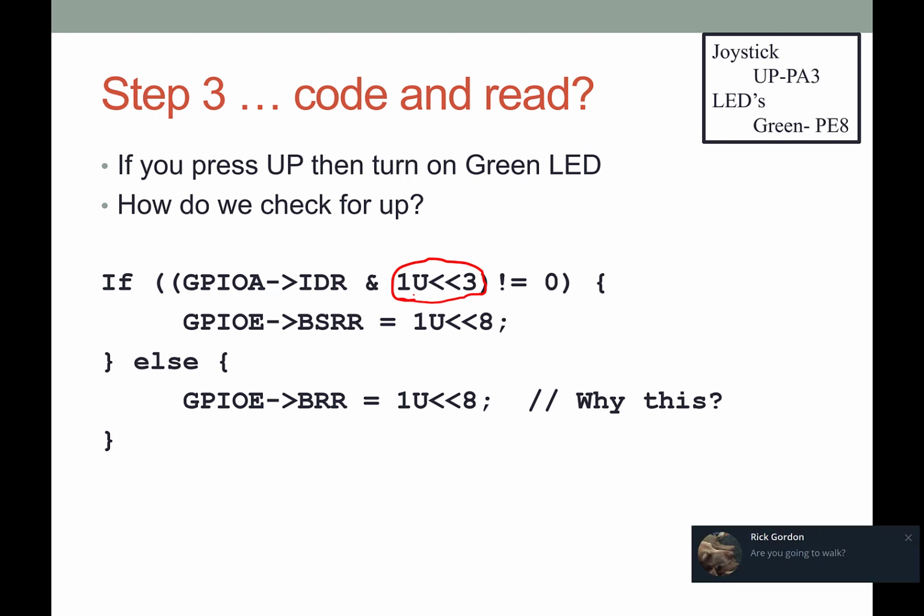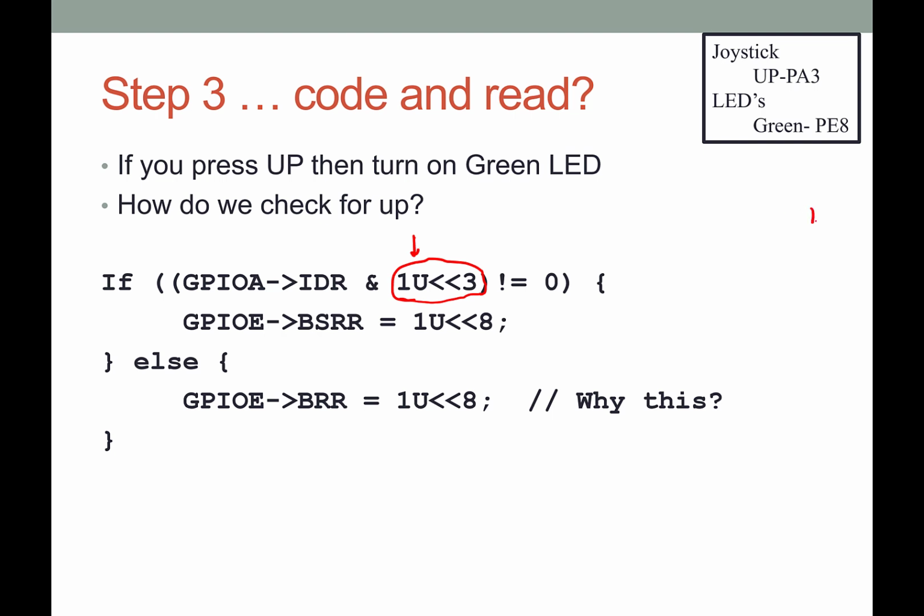It's saying, okay, let's compare the input data register to a 1 in that particular location. So this is an unsigned integer value of 1, left shifted 3. If we shift it 1, we'll have it that way. Shift it again, have it that way. Shift it one more time, and we'll have it that way. So we're going to have a 1 in pin 3 right there. It's easy to tell which pin you're looking at by just shifting that many times.